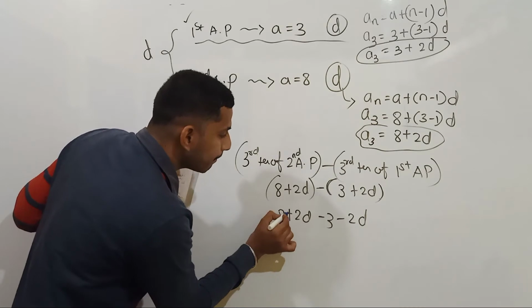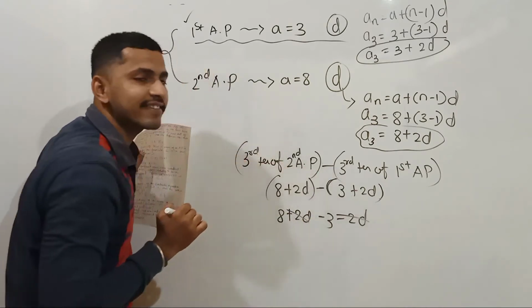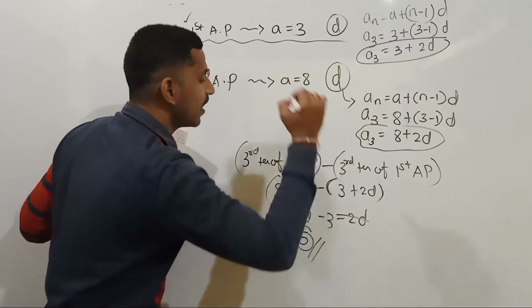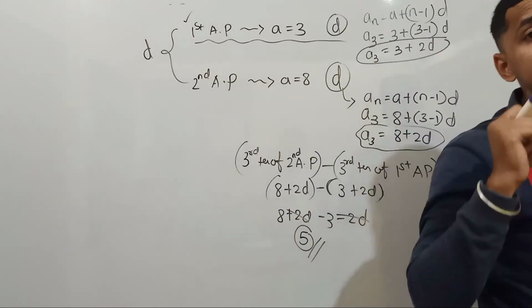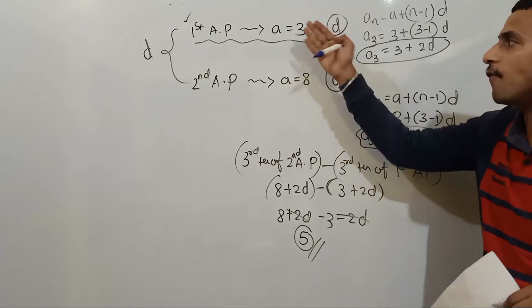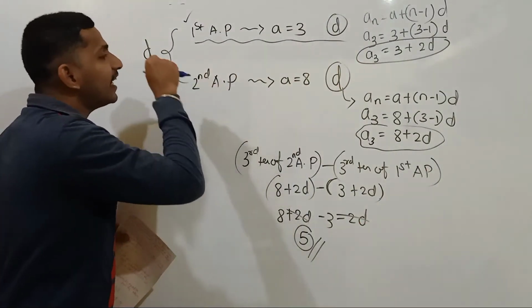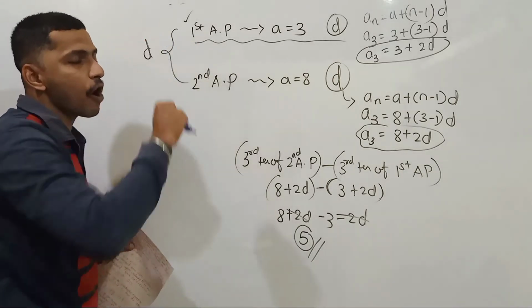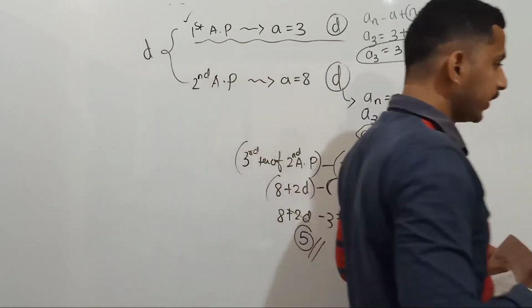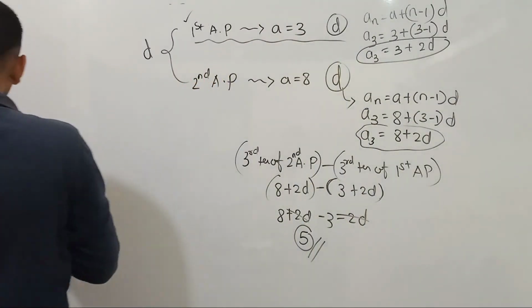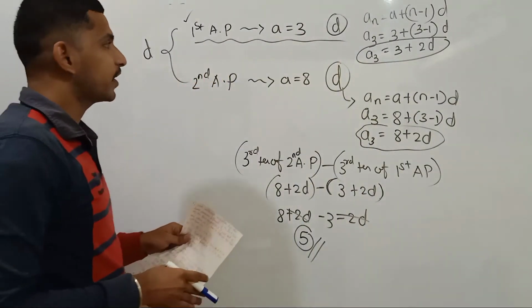Here plus 2d and minus 2d get cancelled. 8 minus 3 is 5. This is the answer, the difference between the third terms of both the APs, that is, third term of second AP minus third term of first AP. Go through it once. It is very easy. There is nothing to be confused.